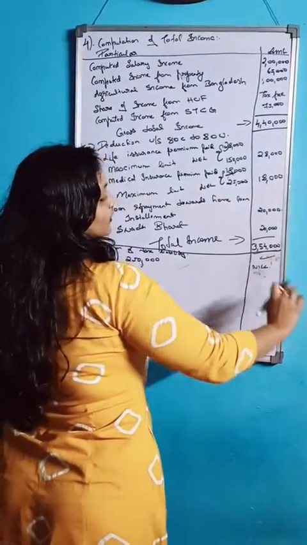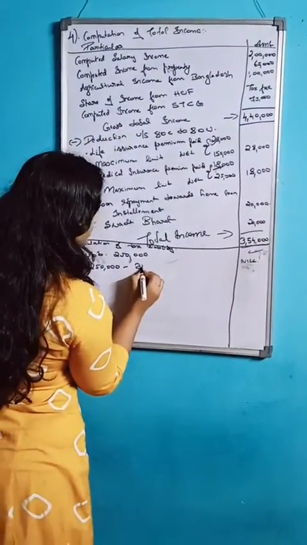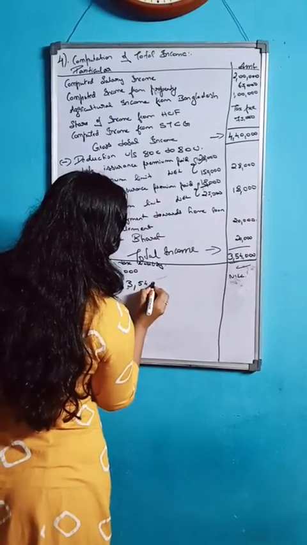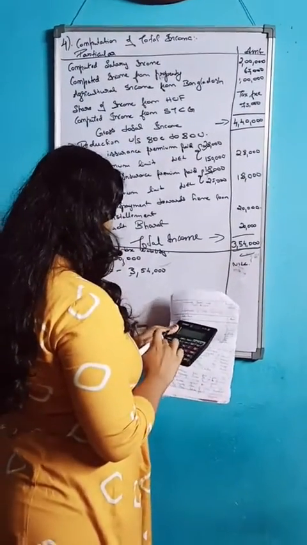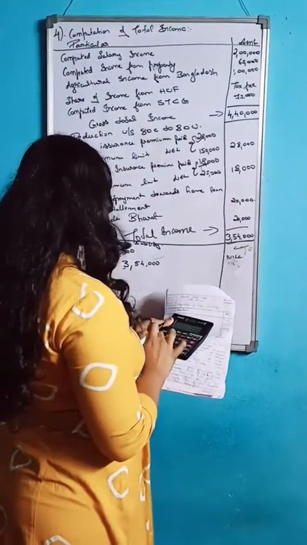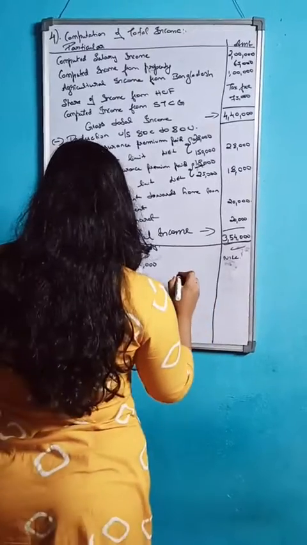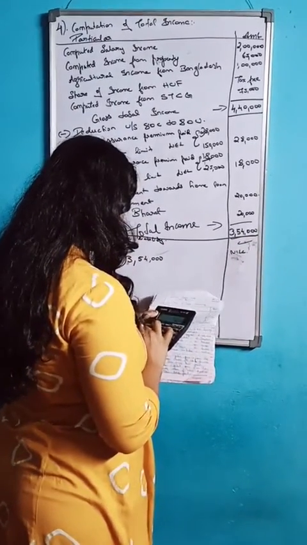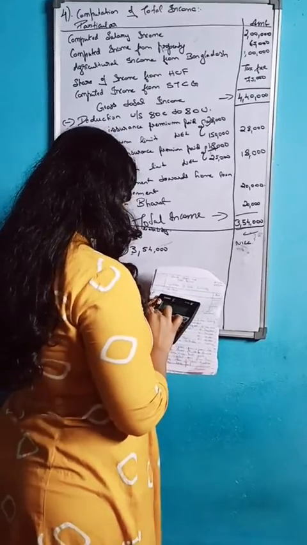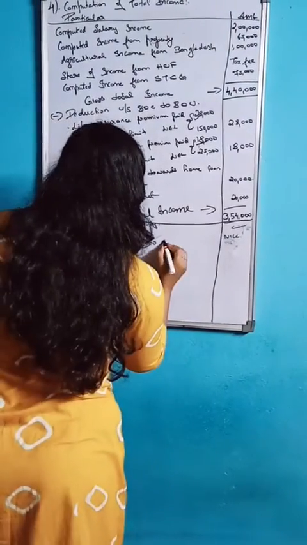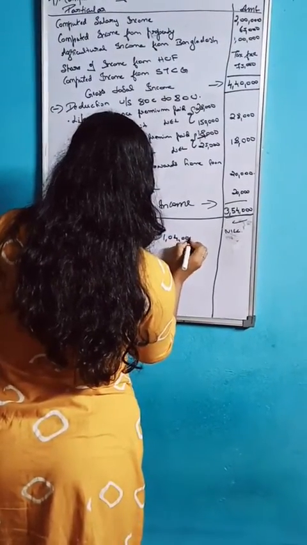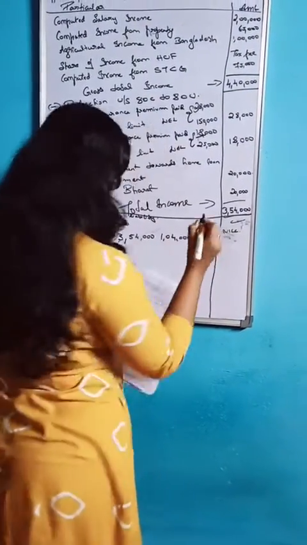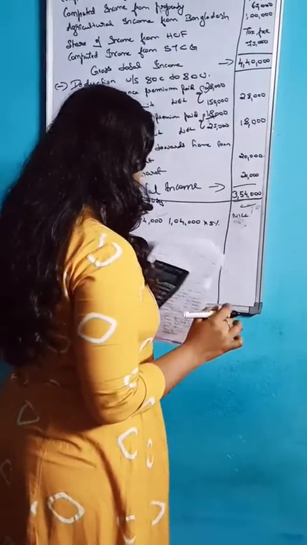So you subtract 2,50,000 from 3,54,000, you will get 1,04,000. Okay. So 1,04,000 into 5%.